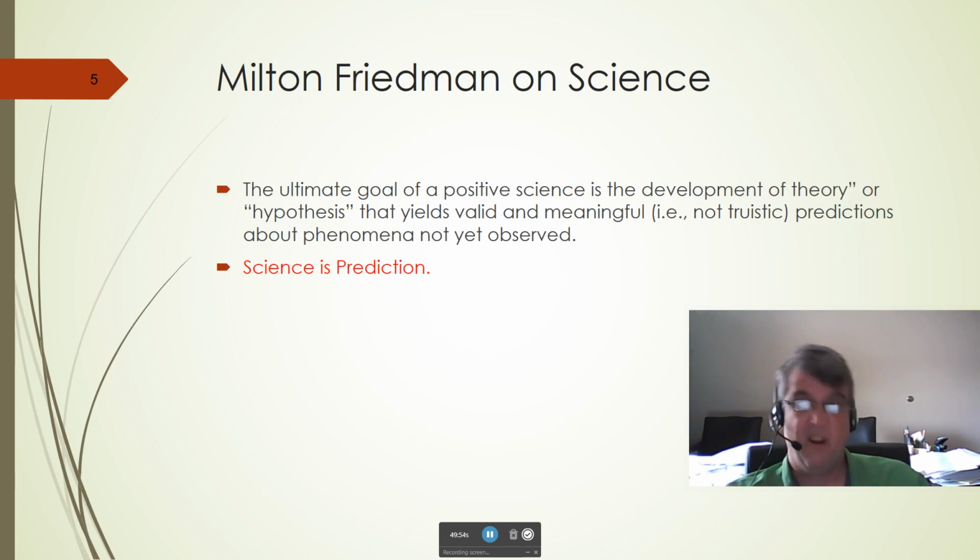In fact, they aren't true. That does not invalidate the theory. You can have untrue assumptions, things you know aren't true in your theory, but if that theory predicts well, it's a good theory, whether or not the assumptions behind it are true or false.